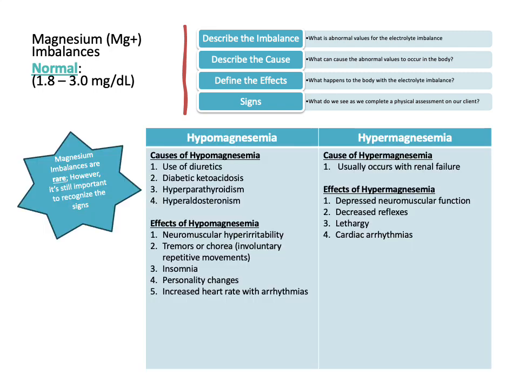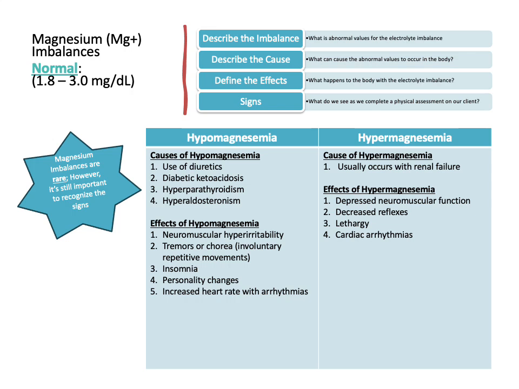So when we talk about magnesium imbalances, our normal range for this lecture is 1.8 to 3 milligrams per deciliter. It's important to know that magnesium imbalances are rare, but when we do see them, we want to recognize the signs and know to treat them.